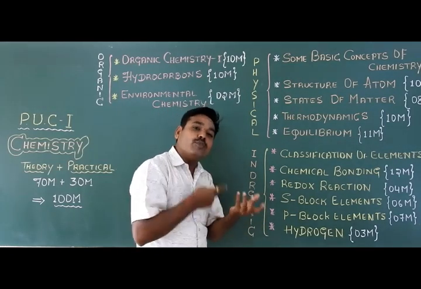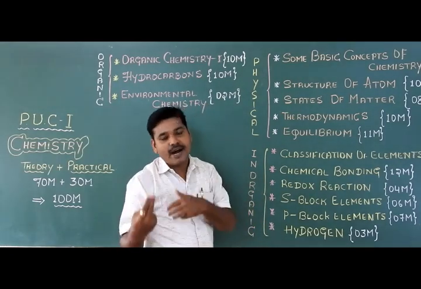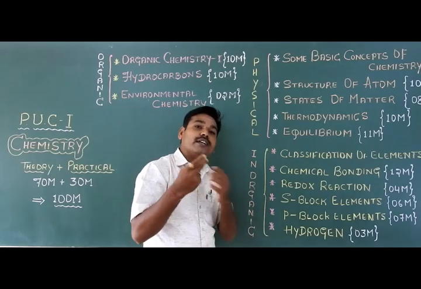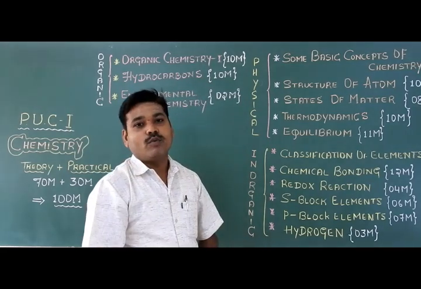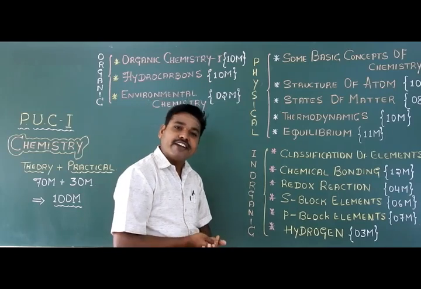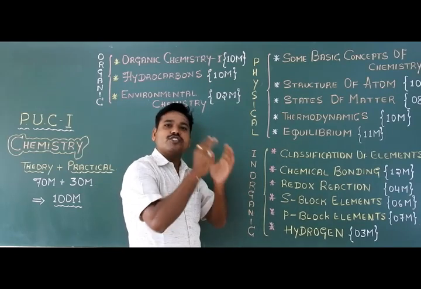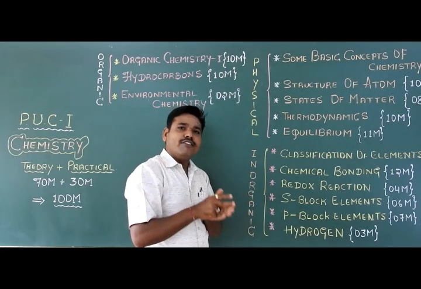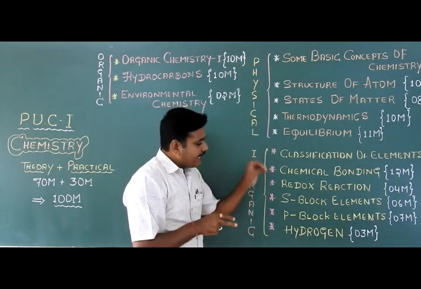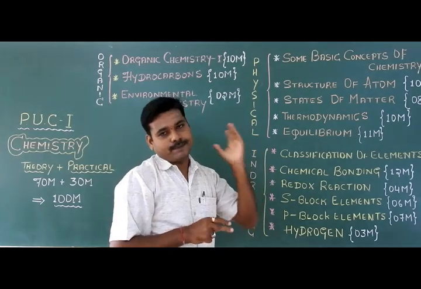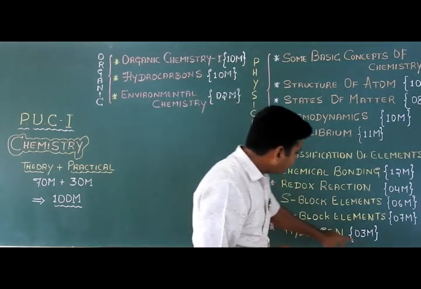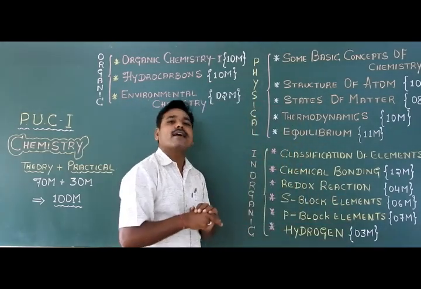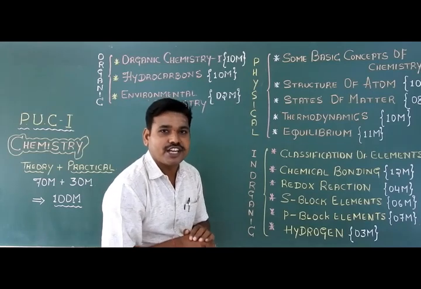That is, what is the atomic number of hydrogen, the atomic mass of hydrogen, what are the important isotopes of hydrogen, what is meant by isotopic effect, what is the exact position of the hydrogen atom in the periodic table. All this information comes under the hydrogen and its compounds chapter. And the weightage of this chapter is 3 marks in the final examination.